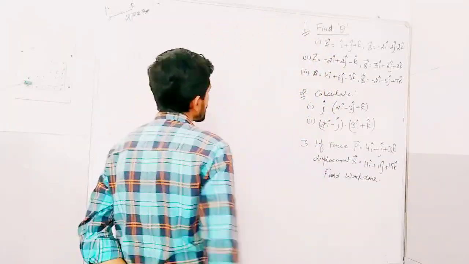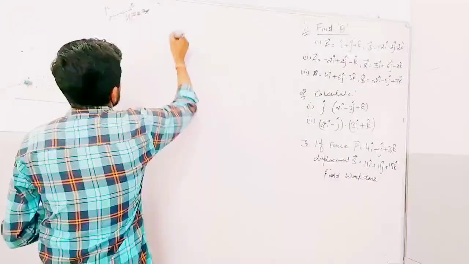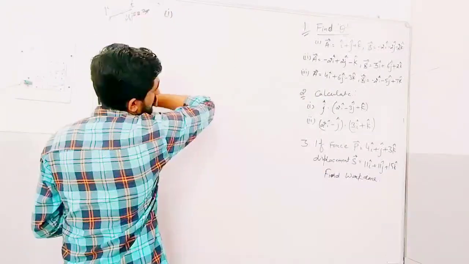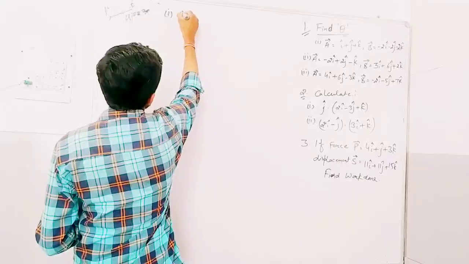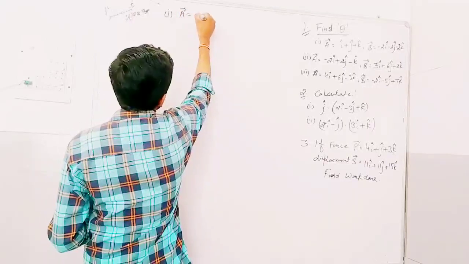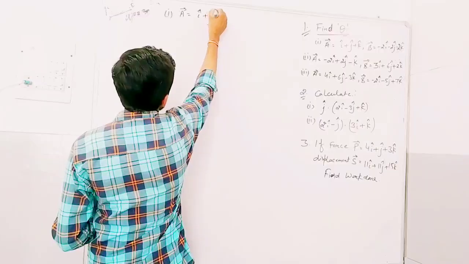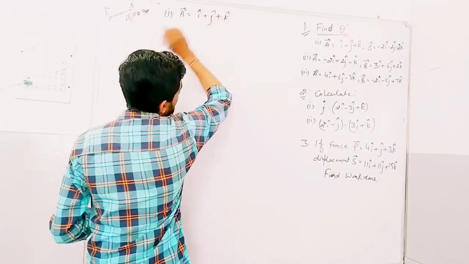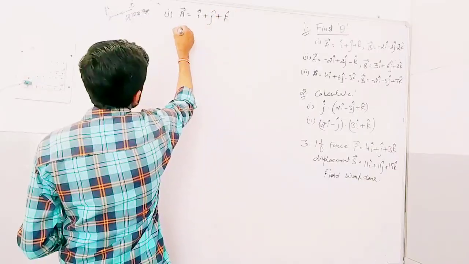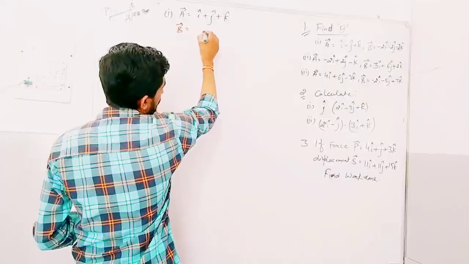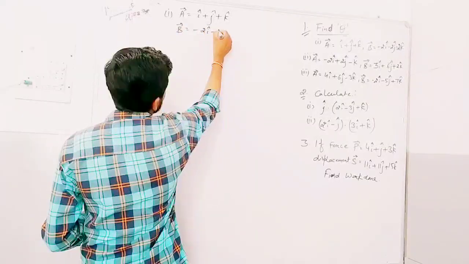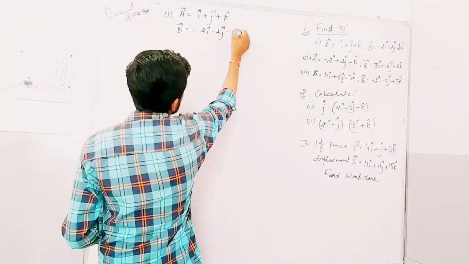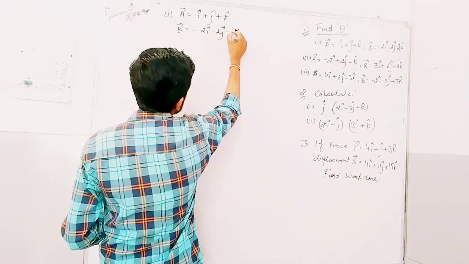Let us check the first question, first part. Vector a is i cap plus j cap plus k cap, and vector b is minus 2i cap minus 2j cap minus 2k cap.